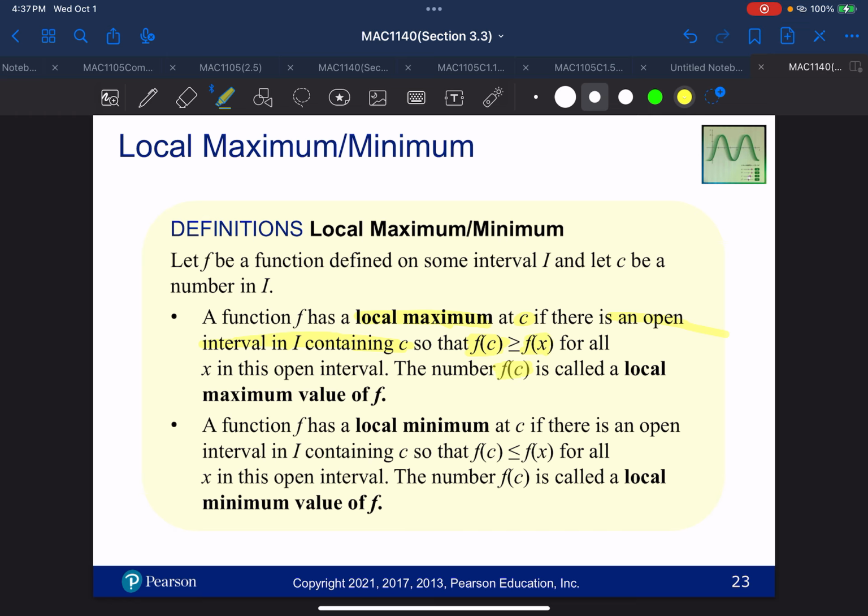And this value of the output of c is called the local maximum value of f. And then a function f has a local minimum at c if there's an open interval I containing c such that the output is less than or equal to all the other outputs for x in that interval. And that's called a local minimum value of f.